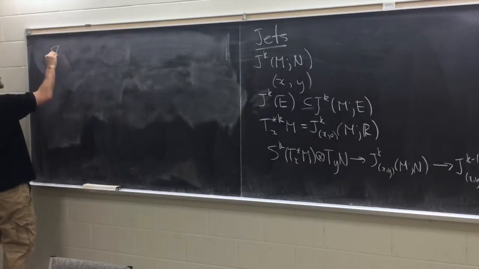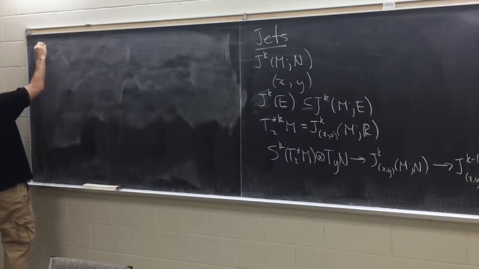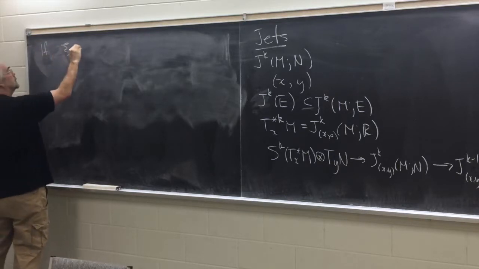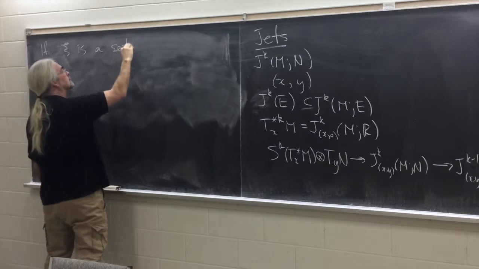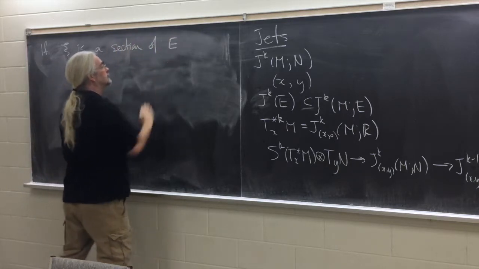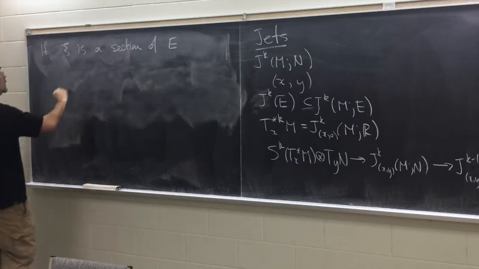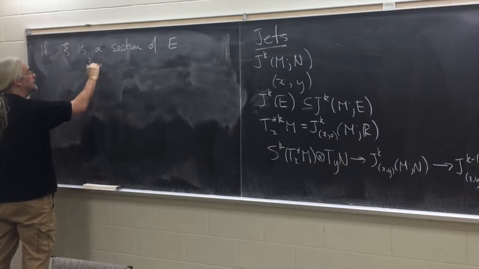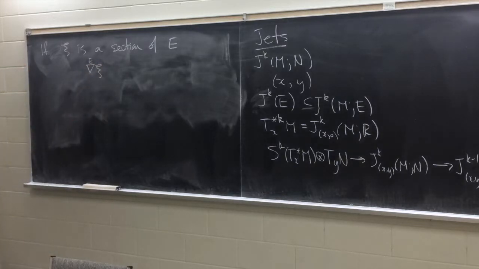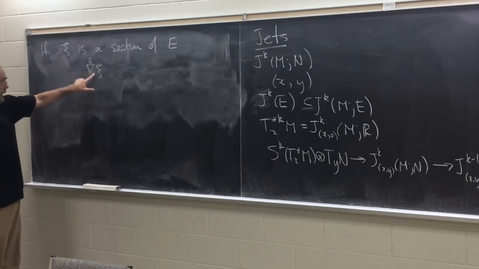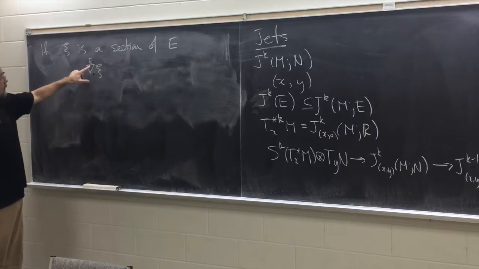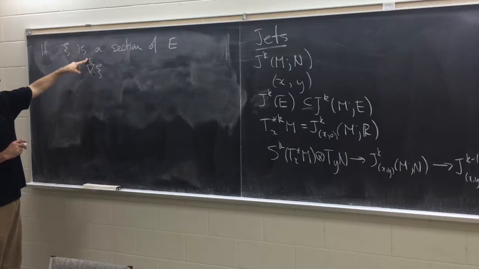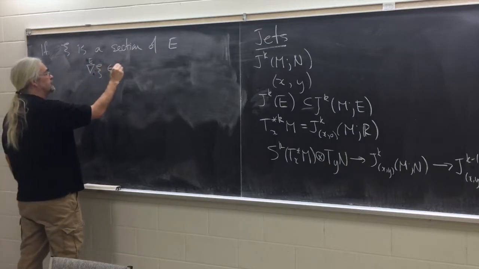If you take a section of E, I can write nabla^E C. This just means I take the covariant differential of the section with respect to the vector bundle connection on E, and I have no index here.